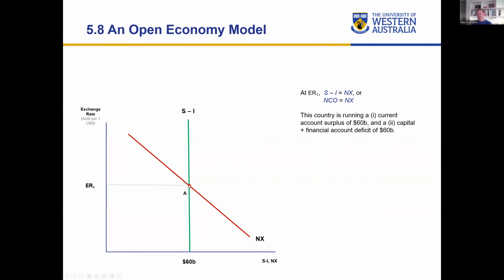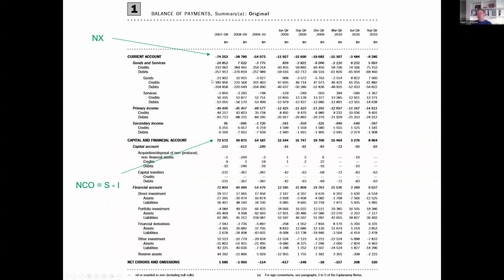At A, S minus I is 60 billion and NX is 60 billion as well. So is that true in this data? Well, 72 billion, 74, pretty close. 39, say 40 billion, 39 billion, pretty close. 54 billion, 54 billion. Now we move to some quarterly versions of these tables.